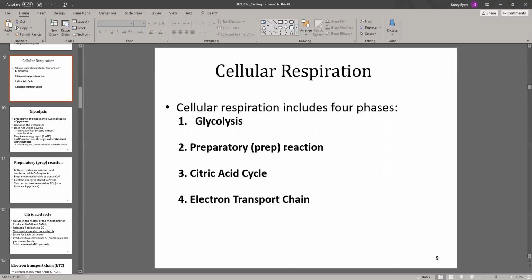Now, some ATP is made throughout the way through substrate-level phosphorylation, but the main portion that makes most of the ATP is the final step in the electron transport chain.